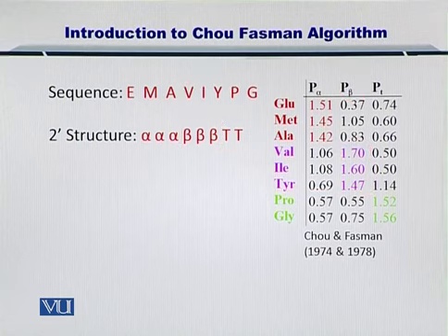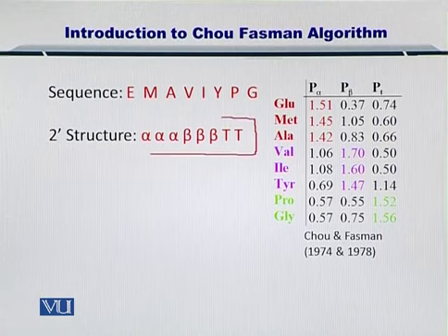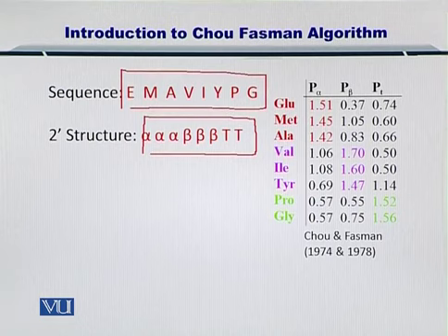Next, if you look at proline and glycine residues, two of them here, you can see that they form turns, and therefore we have assigned turns to these two. Now this is the secondary structure of a protein having the sequence given here. So first you have an alpha helix. Let's draw it to make it easier in terms of visualization.